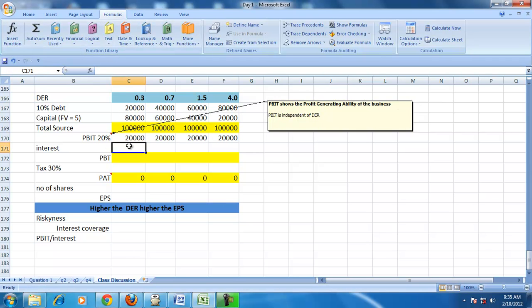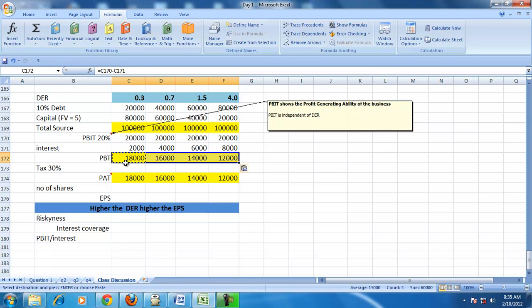So let us take the interest now. Interest is 10% on the debt. So in all the 4 cases, the interest is charged against the PBIT. So PBT is affected by the debt equity ratio.